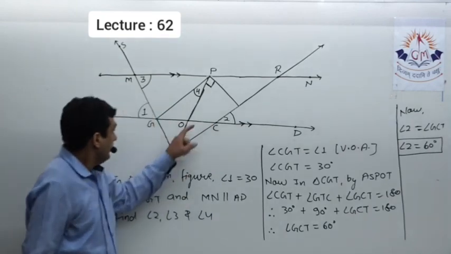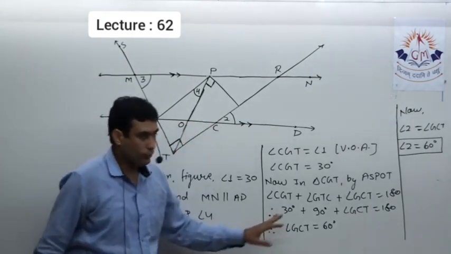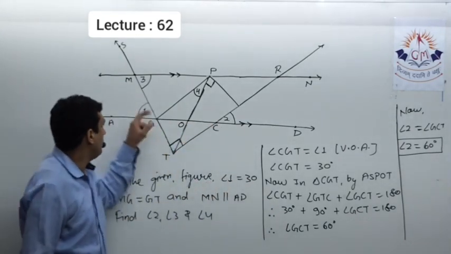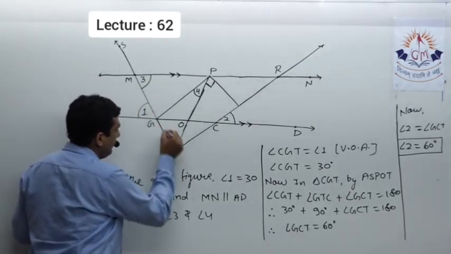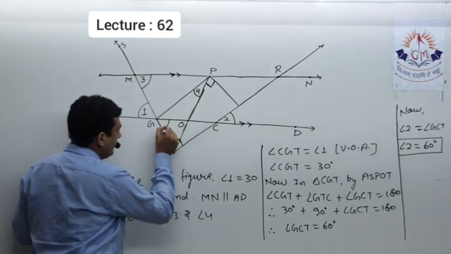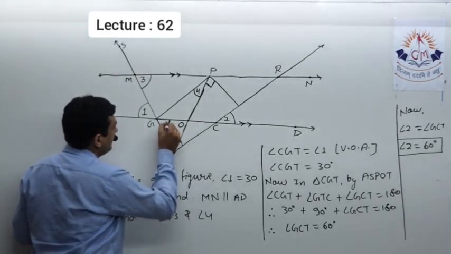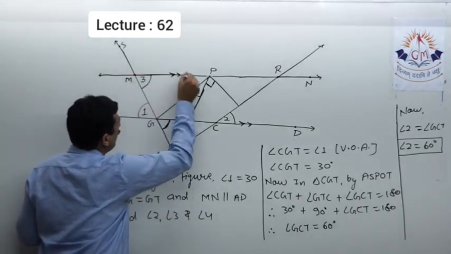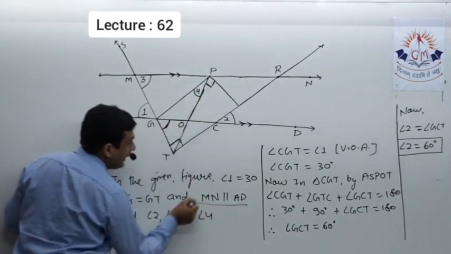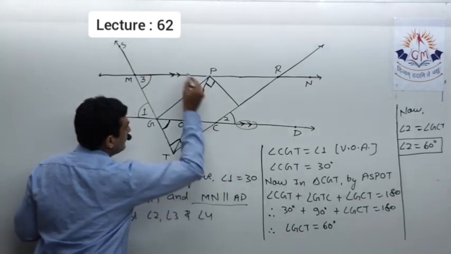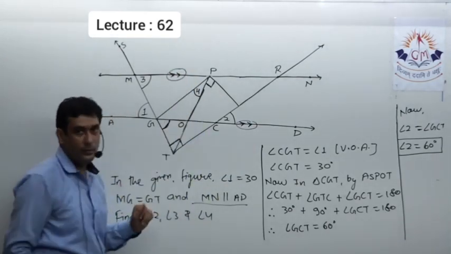Now how to find 3 and 4? I am giving you a short explanation of how we'll get angle 3. See, when we got angle CGT, this angle, what was this? 30 degrees. Now you can see these two lines are parallel. It is given in the question as well as in symbolic form that these two lines are parallel.